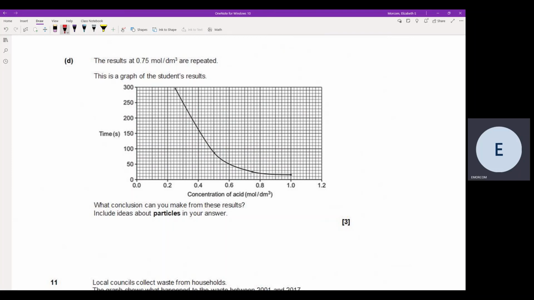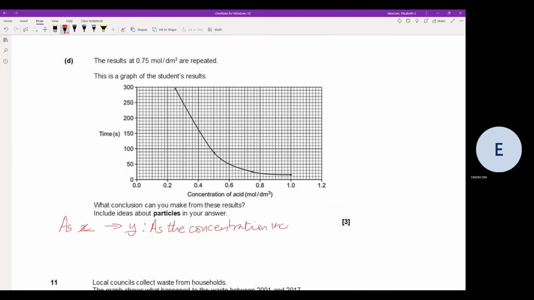So let's start off with the conclusion from the graph. We always want to start with: as the x-axis changes, something happens to the y-axis. So we're going to say as the concentration increases, the time decreases, or the time taken for the reaction.